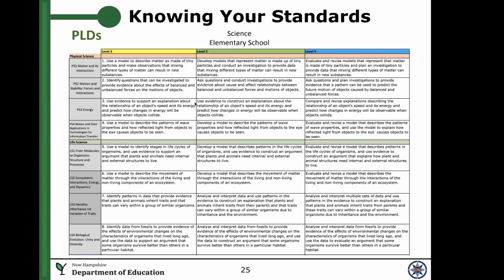Same thing with science. We're looking at a level 2, 3, or 4, and it gives you all of those specific standards and what they're doing at each level. So again, I know that these don't totally apply to you in kindergarten through second grade, but this is sort of where you're going starting third grade and above.